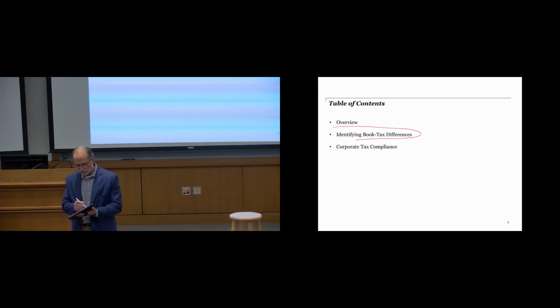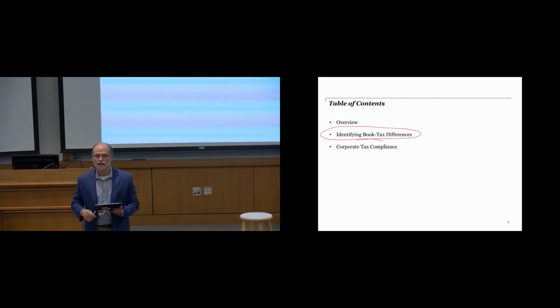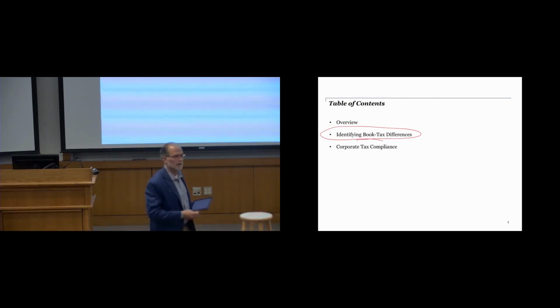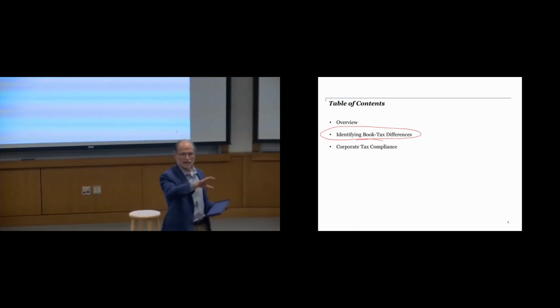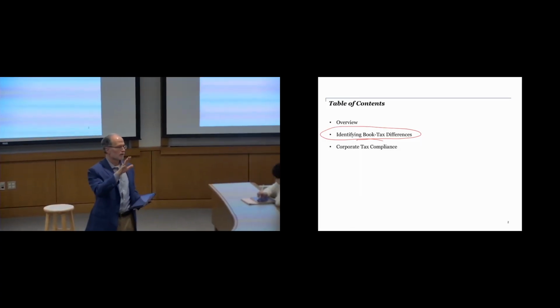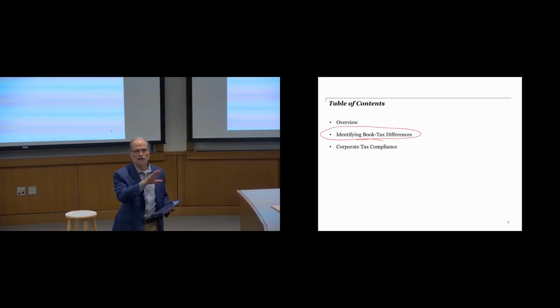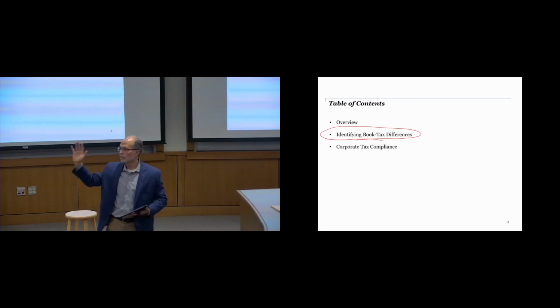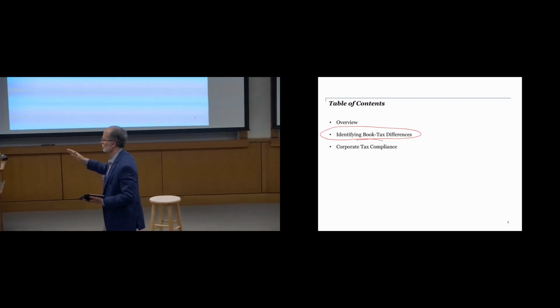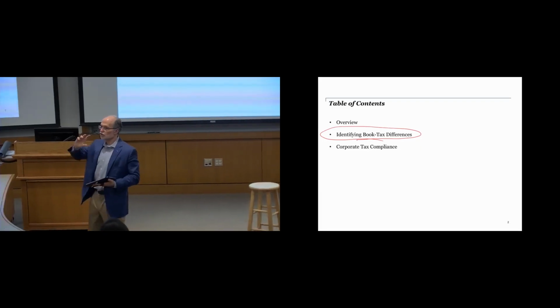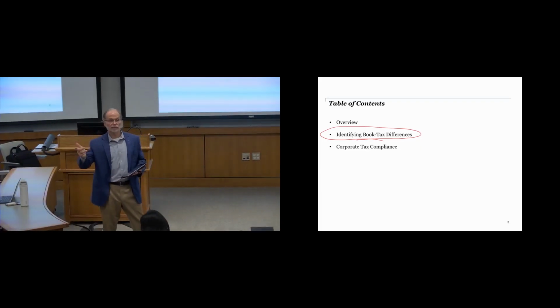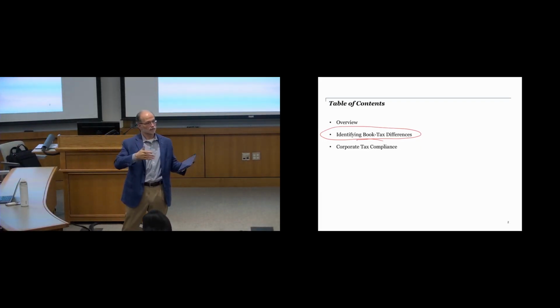So the main thing we're going to be working on here is identifying book tax differences. When I say book, I mean your financial statements, your records, what you're using for accounting. That's going to be our starting point when we go into tax. We start with something, but we have to identify differences because financial statement rules are different than tax rules, right?